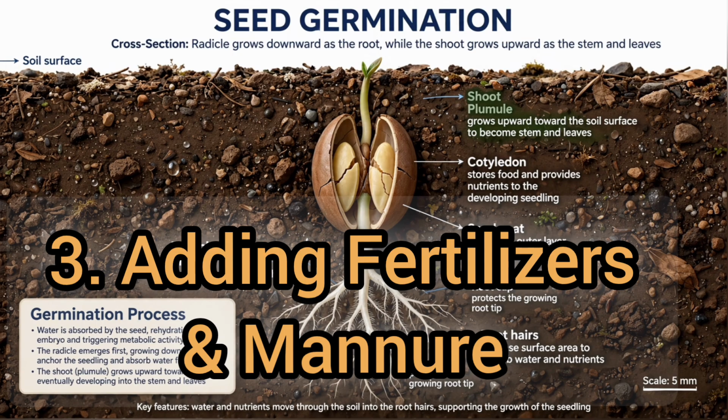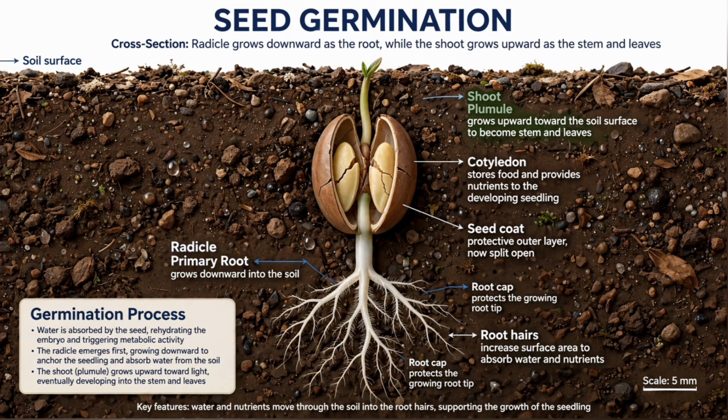The third step is adding manure and fertilizers. Plants require nutrients for healthy growth. The major nutrients are nitrogen, phosphorus, potassium, and natural nutrients from manure.